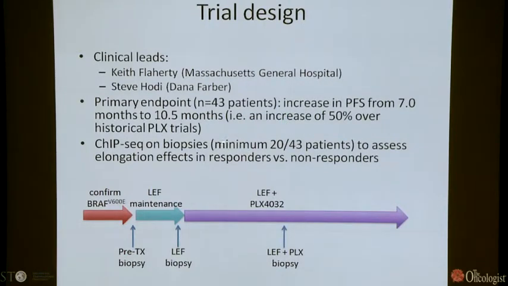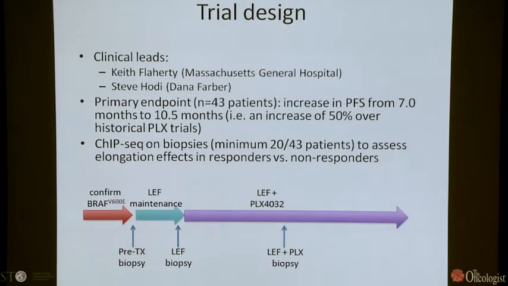What's really interesting from my perspective, or our perspective on the trial, is that we've incorporated ChIP-seq on the biopsies, because we think our drug primarily works by affecting elongation at those 1,200 loci. We really want to know, are the patients who respond those who show elongation defects at those 1,200 loci? And so all patients will be enrolled, confirmed BRAF. They'll get a pre-treatment biopsy, they'll get leflunomide for 2 weeks, get another biopsy, and then they'll get the combination and get a 3rd biopsy.